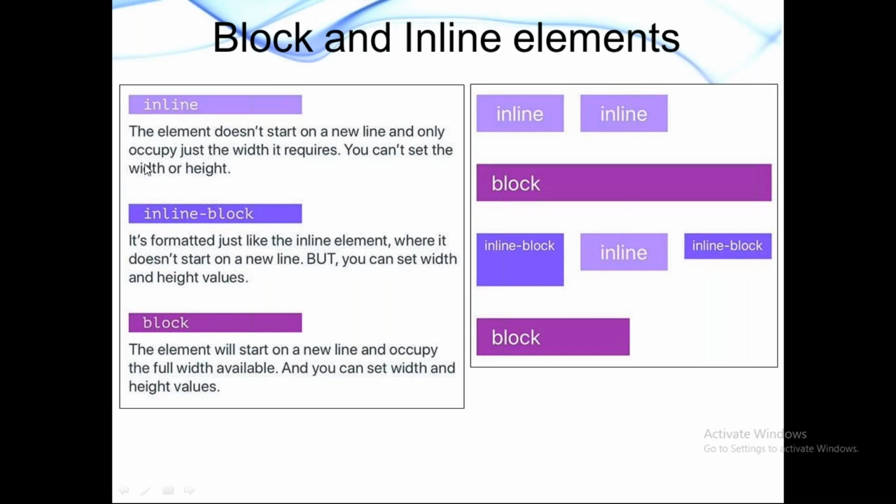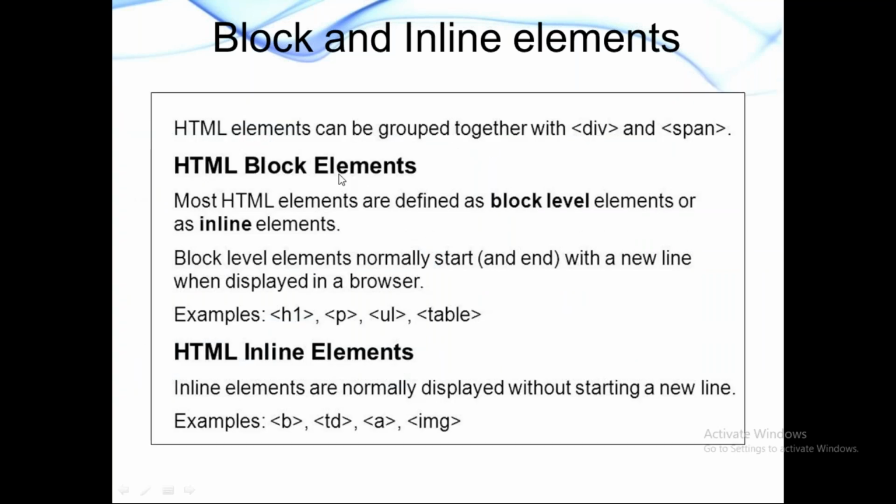Now there is one more property called inline-block. It is just similar to the inline element, but I can set the width. So you can group any of the HTML elements within the div and span containers. But div is a block element and span is an inline element.